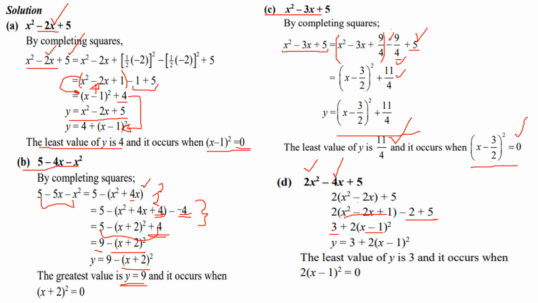So the greatest or least values are going to occur when the squared bracket is equal to 0. That means that the least value of y is going to be y equals 3 plus 0. And the least value of y is going to be 3, which occurs when the squared component in our equation is equal to 0.